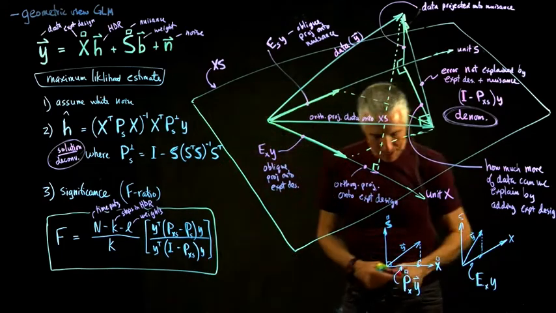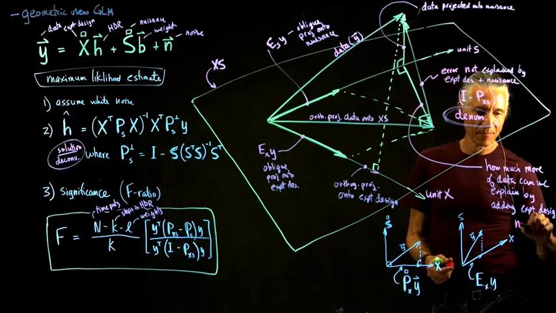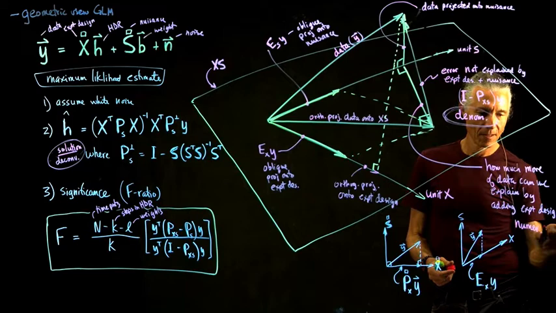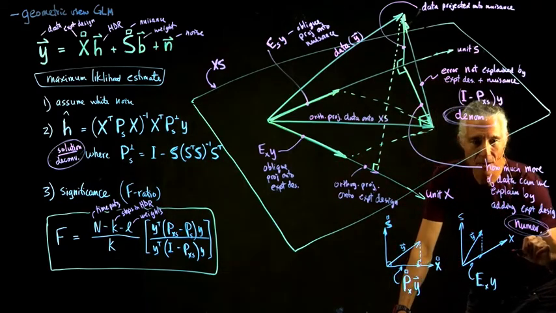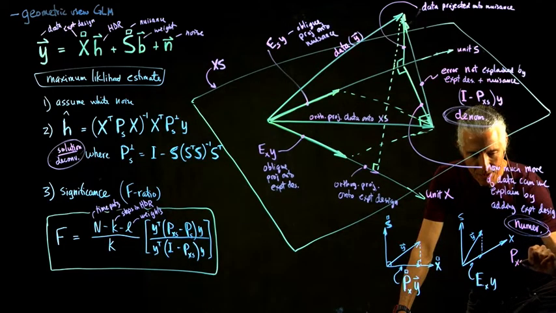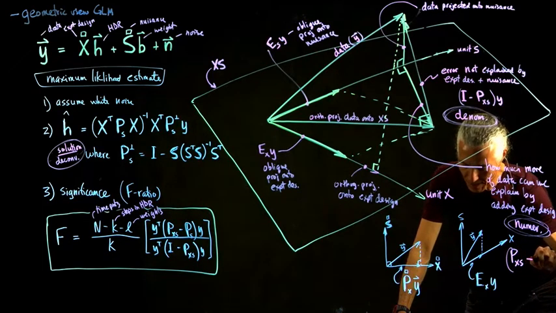And so this guy is the numerator. And why is that the numerator? The equation is the projection onto the combination of the experimental design and the nuisance, minus just the projection onto the nuisance.